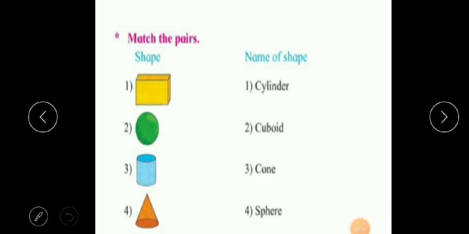So see, first which shape is this? This is a cuboid. So draw a correct pair. Draw a line to the spelling cuboid. Then next, which shape is this? This is sphere. So draw a line towards a sphere.